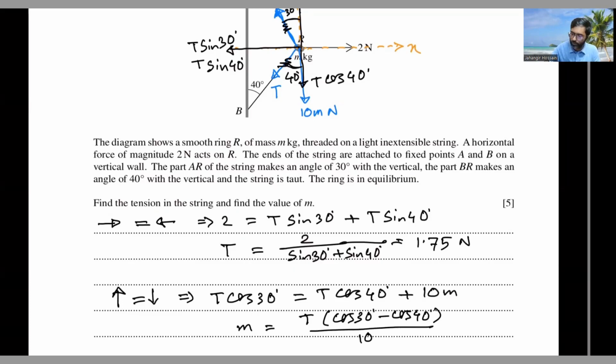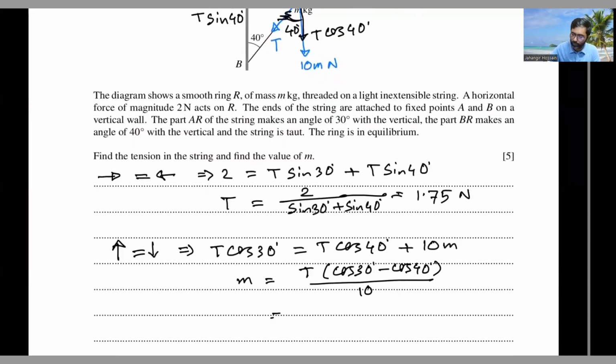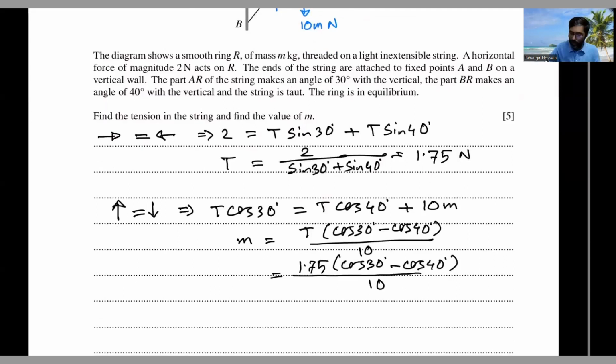Now we know the value of T, so it will be 1.75 times cos 30 minus cos 40, divided by 10. So that is 0.0175. Okay, that's the value of M correct to previous step.